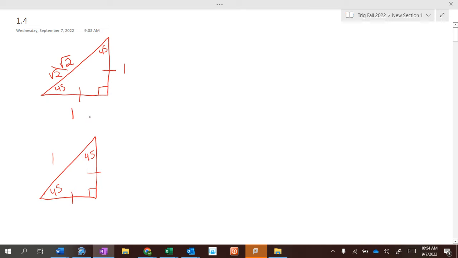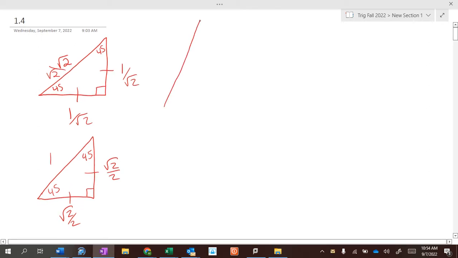Divide by the square root of 2. Can I leave them as 1 over square root of 2? No, so you have to multiply top and bottom by square root of 2. So they are square root of 2 over 2. Okay? Good with that? Okay.